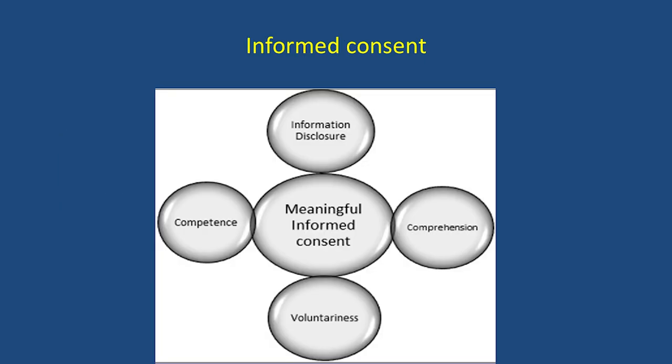Informed consent, meaningful informed consent, has a number of different subparts or elements to it. There's disclosure of information, which has to be adequate and clear. The person who's receiving the information has to have the capacity or the competence to both receive it and understand it. They have to understand it to some level, and then they have to make a voluntary choice about whether or not they want to participate or continue to participate, and then demonstrate that choice in some way.